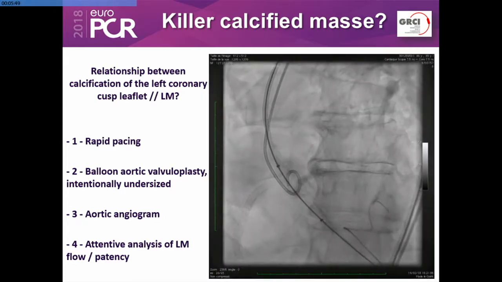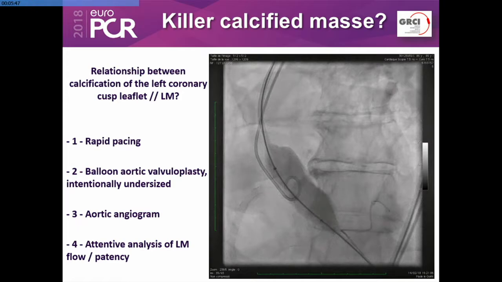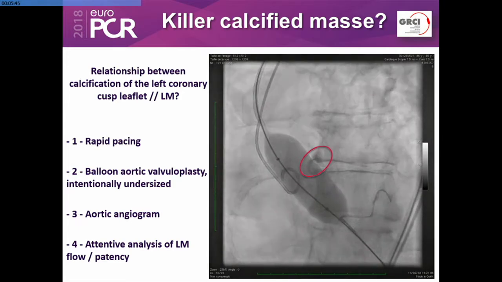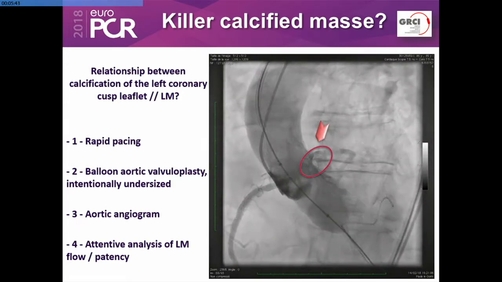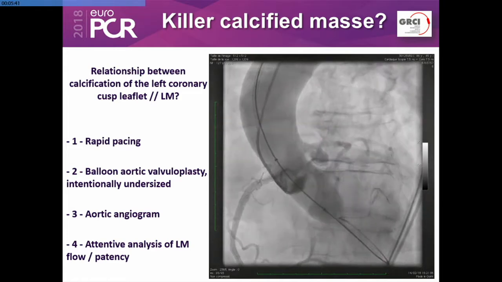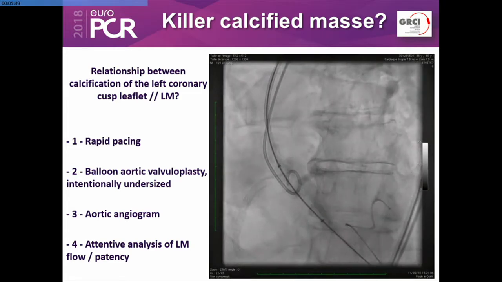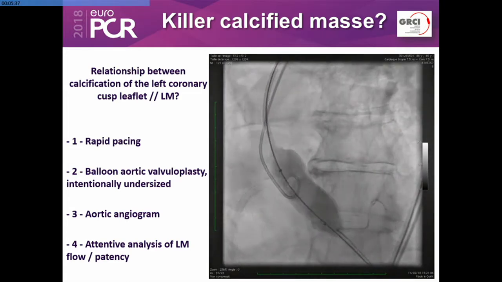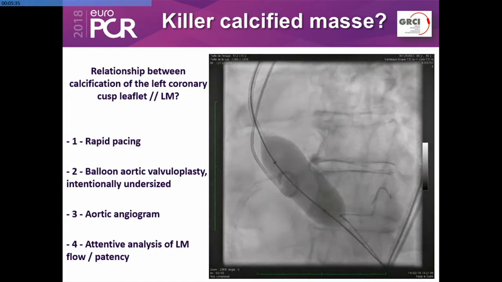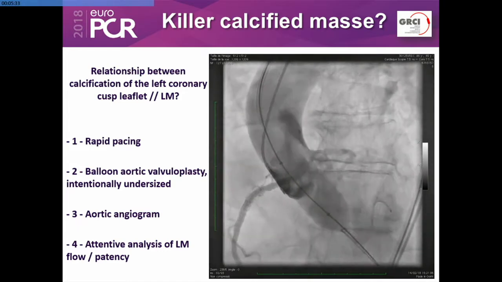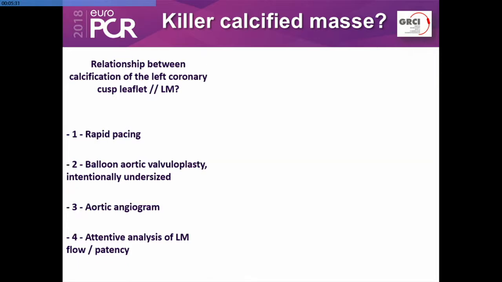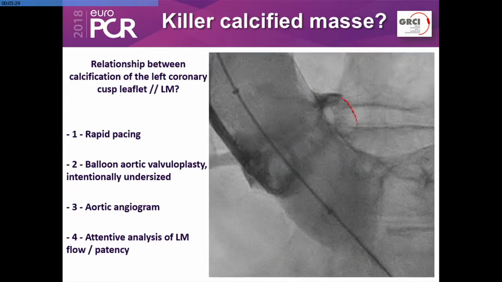So the picture is the following. When the balloon is inflated, you can see this calcified mass moving toward the left main. Keep in mind that this balloon is very undersized, so this mass goes really close to the left main, with, in our interpretation, a very high risk of left main occlusion during TAVI implantation.